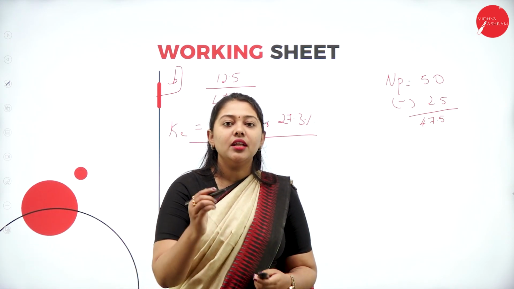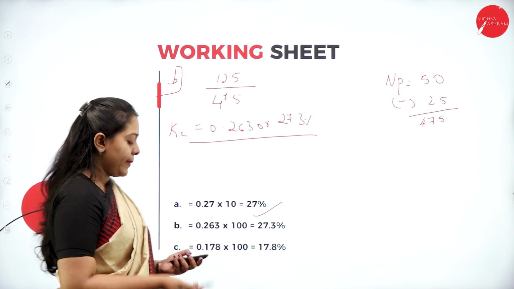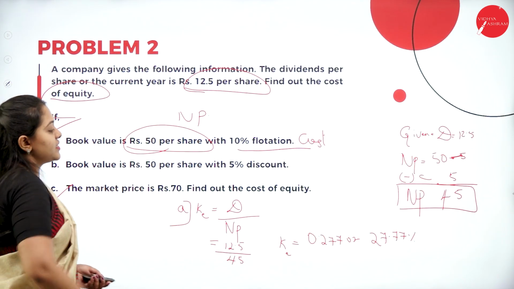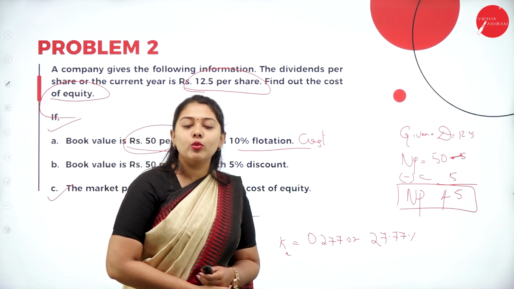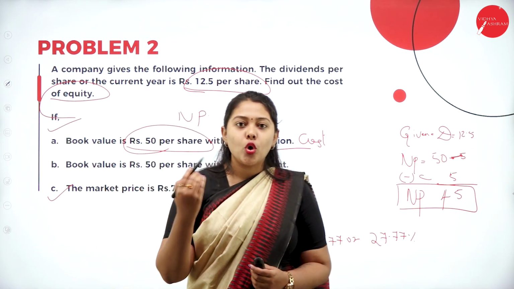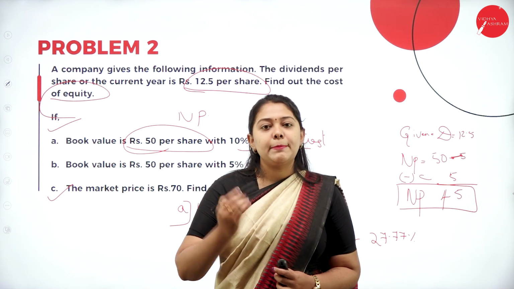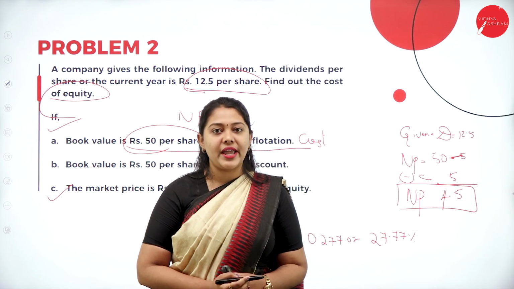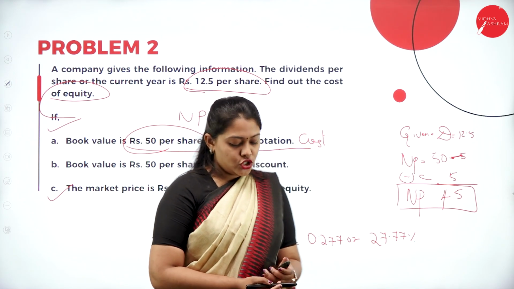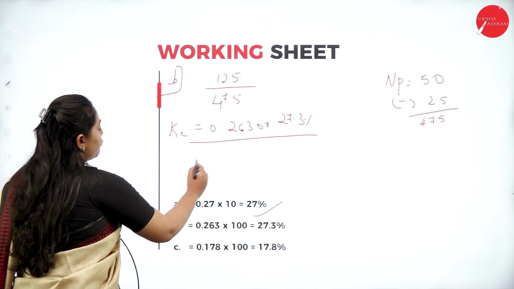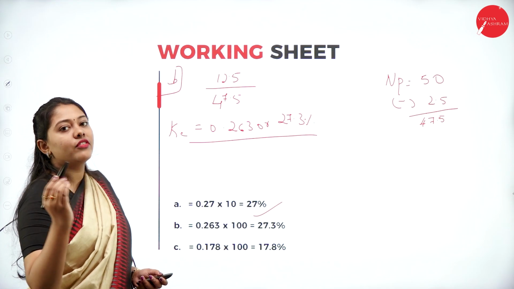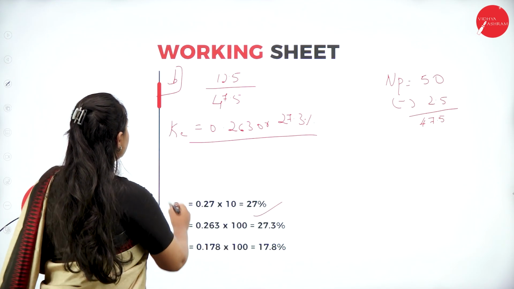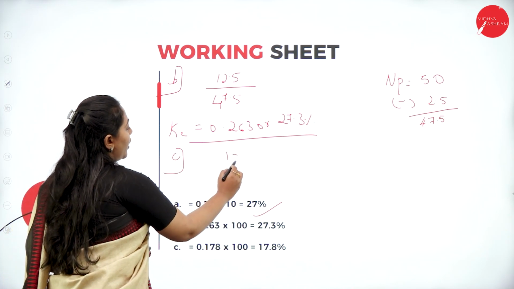So let us see what case 3 is all about. In case 3, the market price is 70 rupees. As I have told you, my dear students, whenever you are solving the problem, if market price is given in the question, you have to consider the market price for your calculation. So what is the formula? Formula is dividend divided by net proceeds or market price. What is the dividend? 12.5.